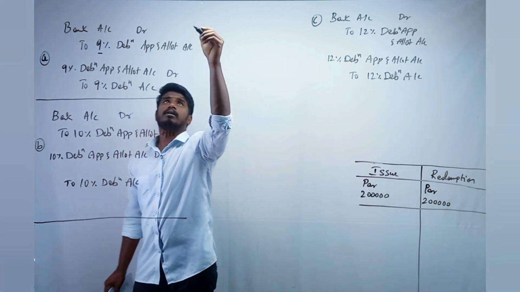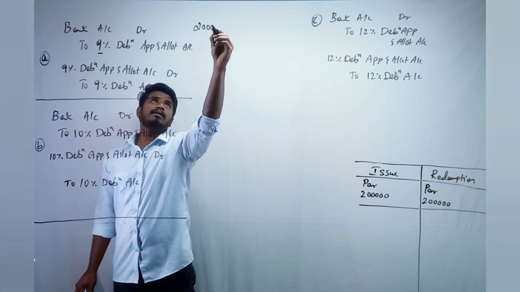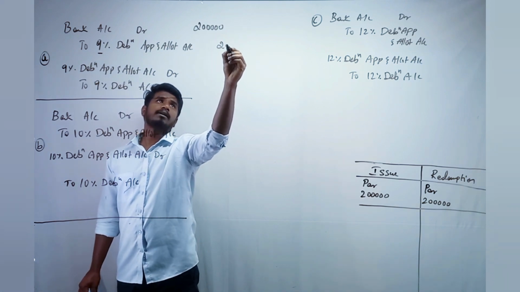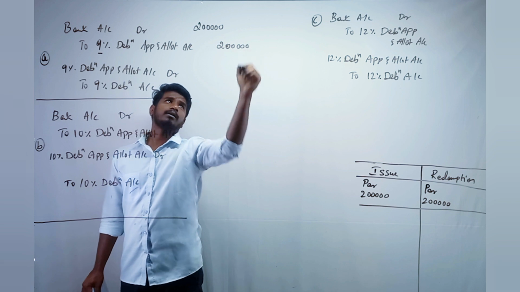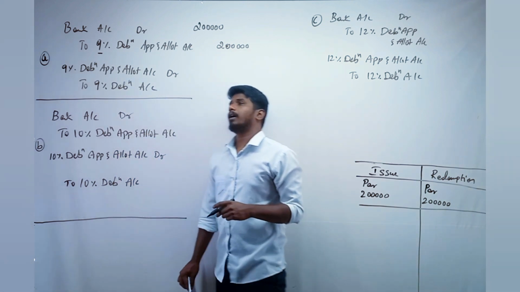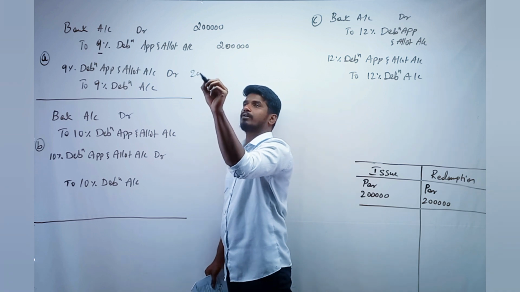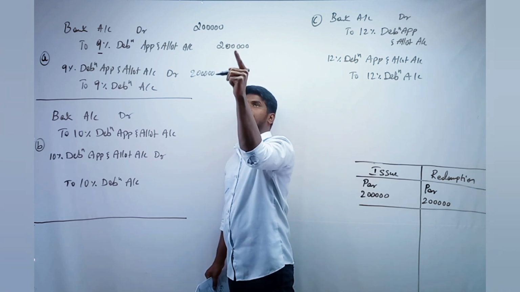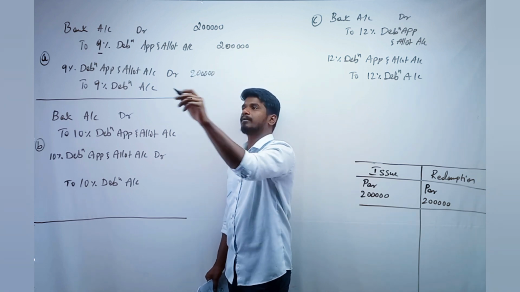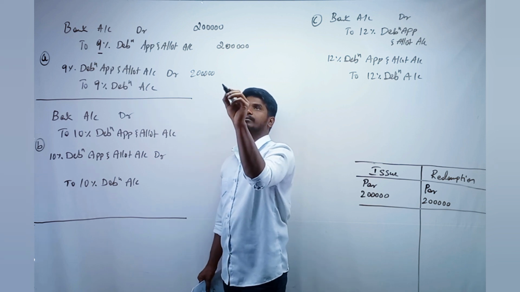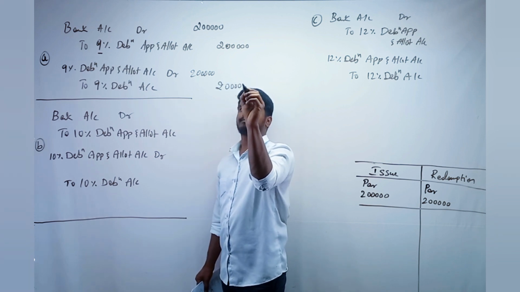So here in the bank 2 lakh, and credit will be 2 lakh, and write the same for the second entry, 2 lakh. Just it transfers here, and debenture 2 lakh.